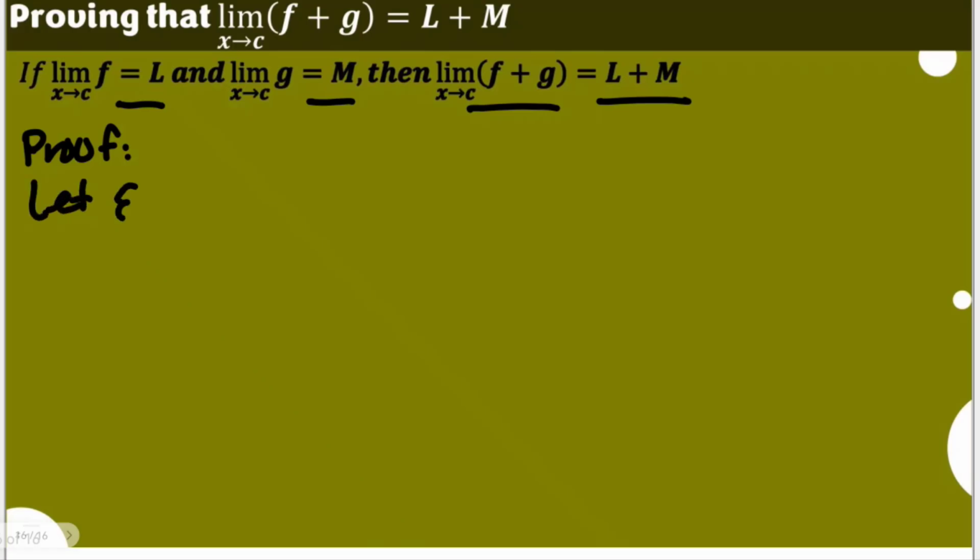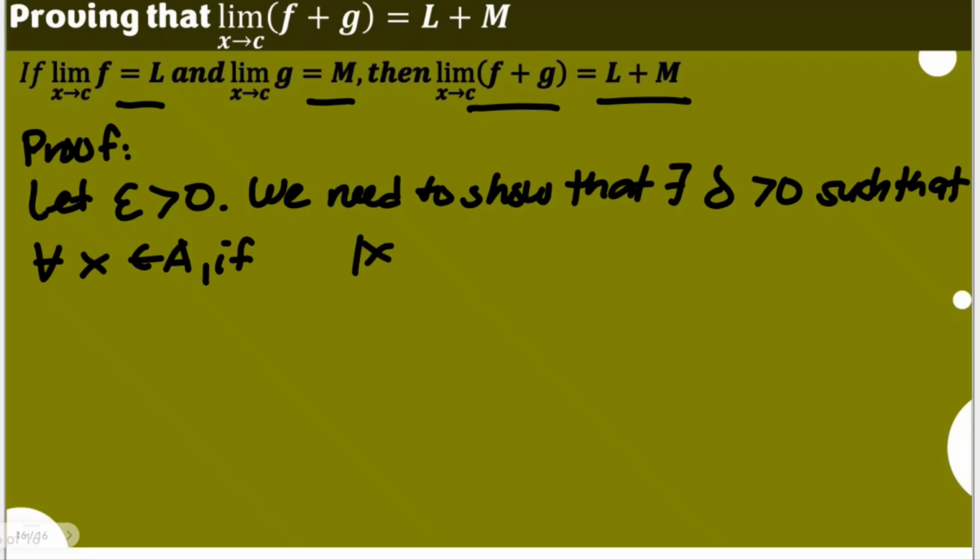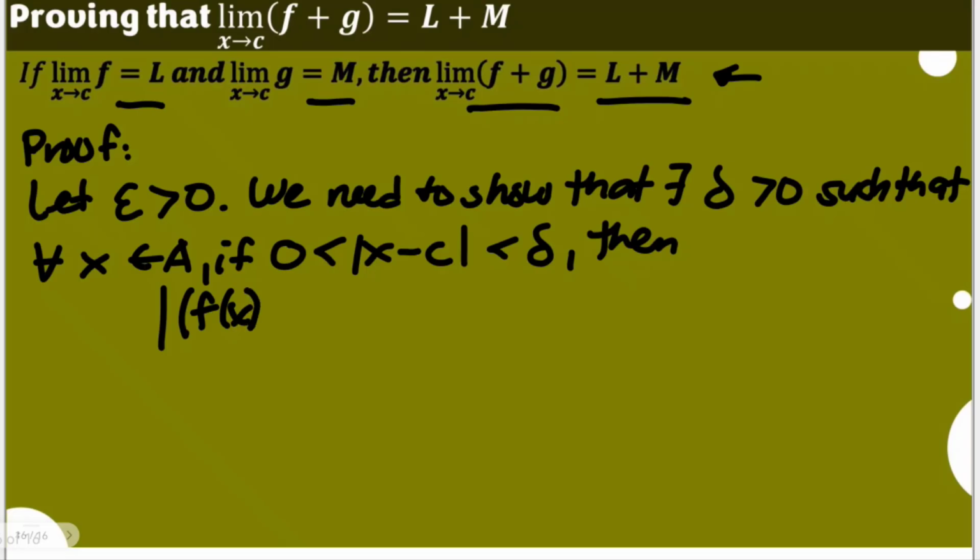Of course, we will start with: let epsilon be greater than 0. What we need to do here is show that there exists a certain delta greater than 0 such that for all x element of A, if the distance between x and c is greater than 0 but less than that delta, then our target is that the difference, f of x plus g of x minus the sum of their limits, must be less than epsilon itself.